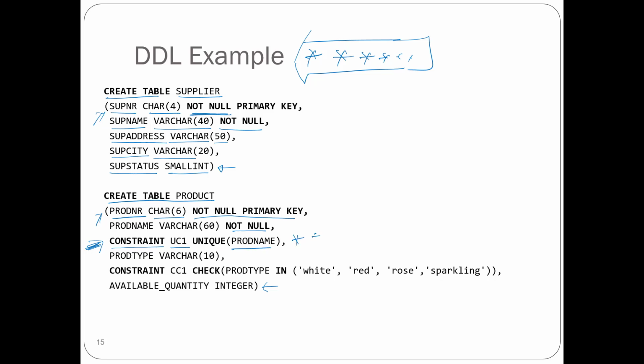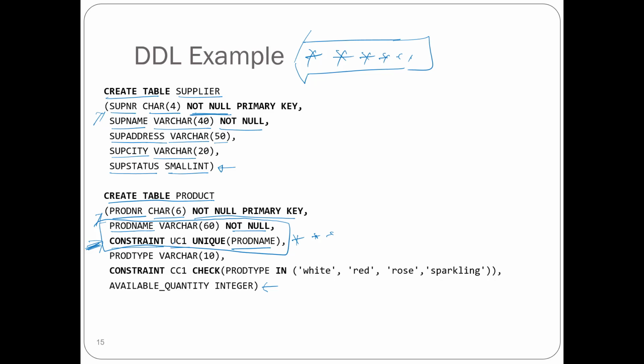This is interesting here. So what is prod name? Prod name is this column. In fact, this second line is also associated with our second column only. We are saying that prod name is varchar 60, not null. That's one constraint on this.